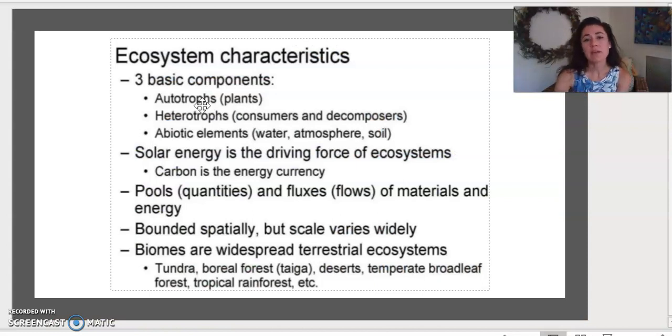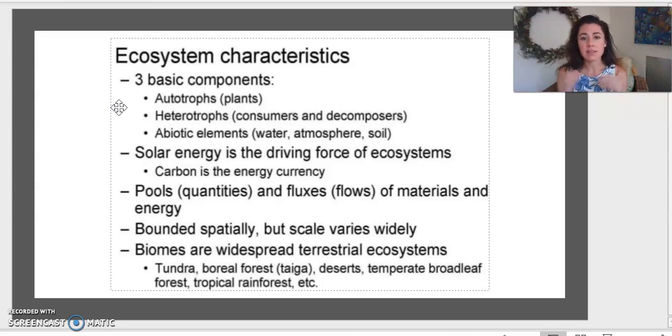Okay, so my three basic components. I have plants, consumers and decomposers, and abiotic elements. So even though I have broken those down into three things, what they also mean is those are my biotic and my abiotic factors. So an autotroph, that means auto, self, troph, feeding.